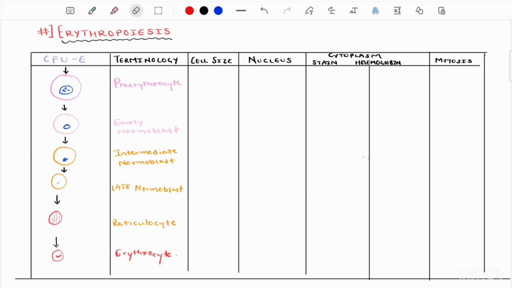So the first stage is proerythrocyte, the first cell to form after colony forming unit erythrocyte. It is very large in size, about the diameter of 20 to 23 micron in the range. It has large nucleus, so nucleus is present, so I'm writing plus, and it has 4 to 5 nucleoli and the reticular network.